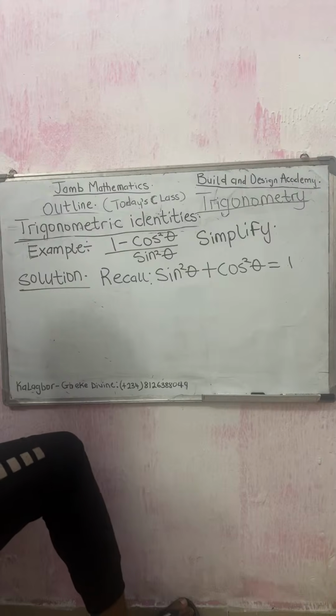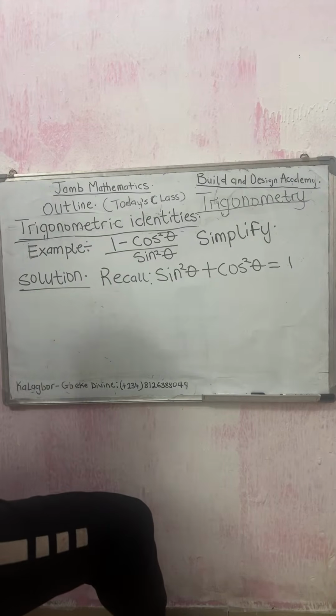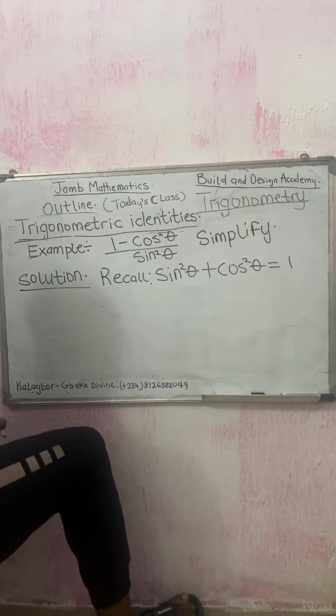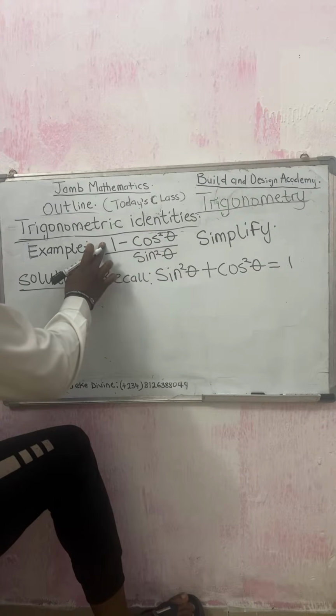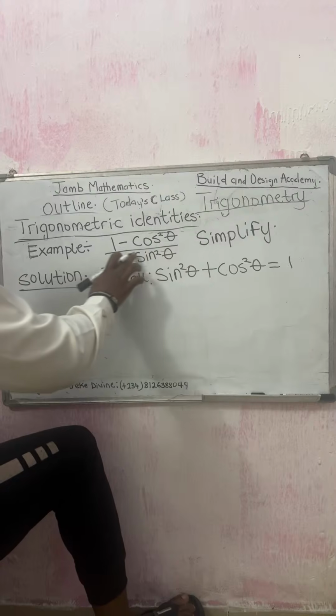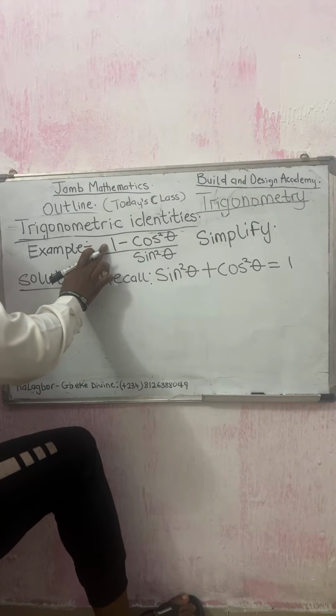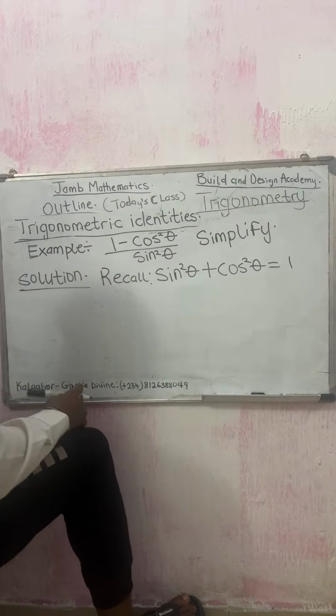So now we've recalled it. But now, our numerator is looking familiar. There is no cos, so that means it's put in terms of sine square theta. So now let's make our numerator in terms of sine square theta, so that when we divide, we'll get a value.